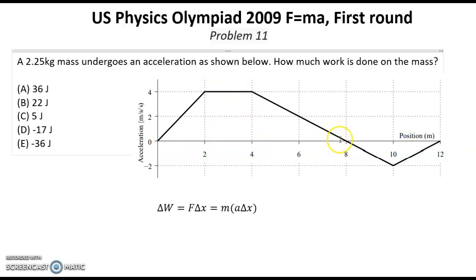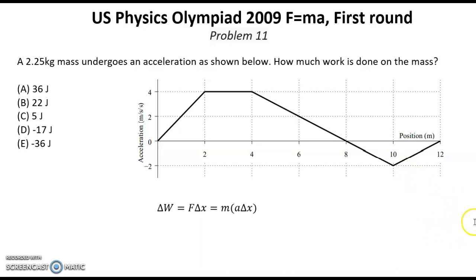And after that, the area of this triangle, which is 4 by 4 over 2, which is 8. So total is 20. And here we have a negative area, which is the area of this triangle, that's 4. So we have to subtract from 20, and that will be 16.